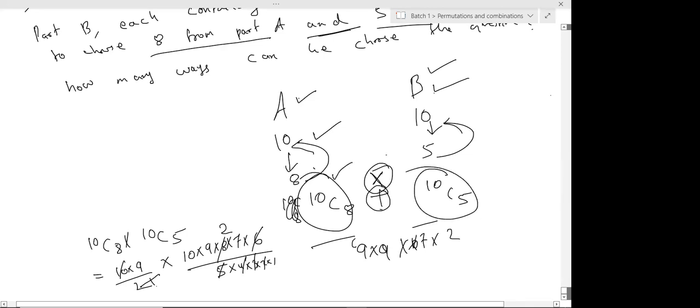You have to choose this and this, then the purpose of the whole question is completed. If the question said 8 from part A or 5 from part B, then you would have used plus. Whenever you use or, you add. Whenever you use and, you multiply.